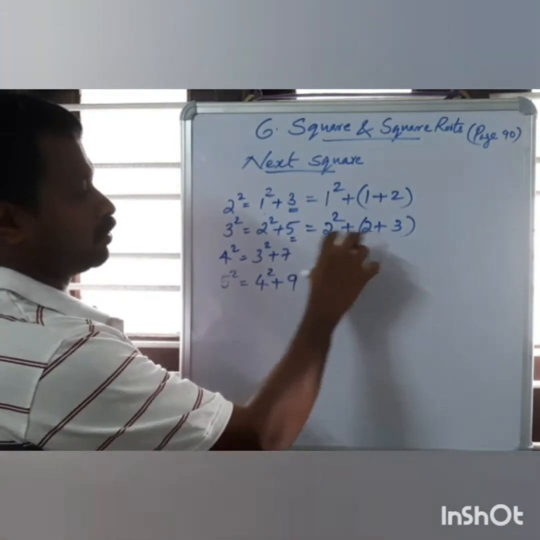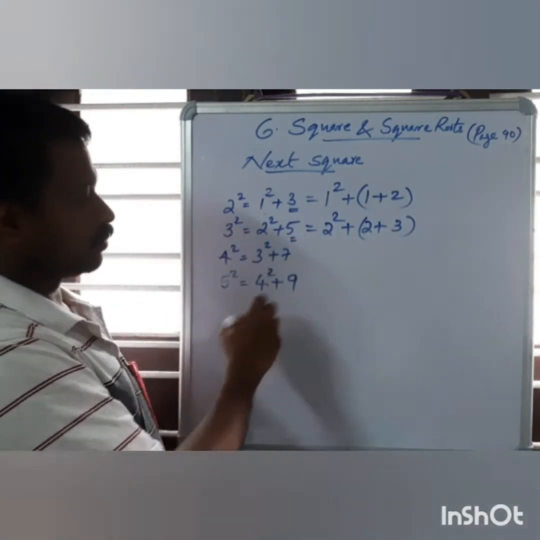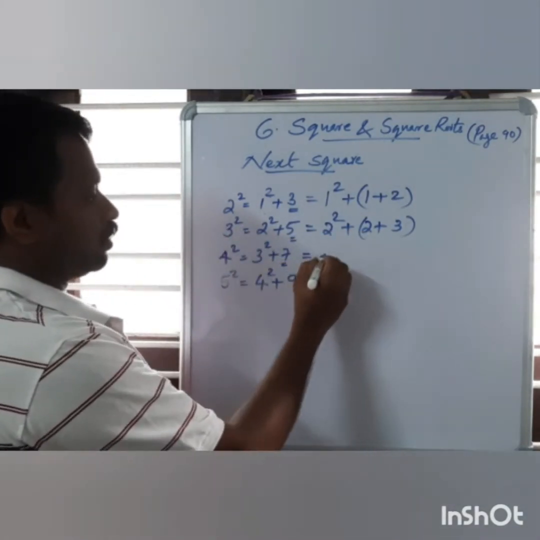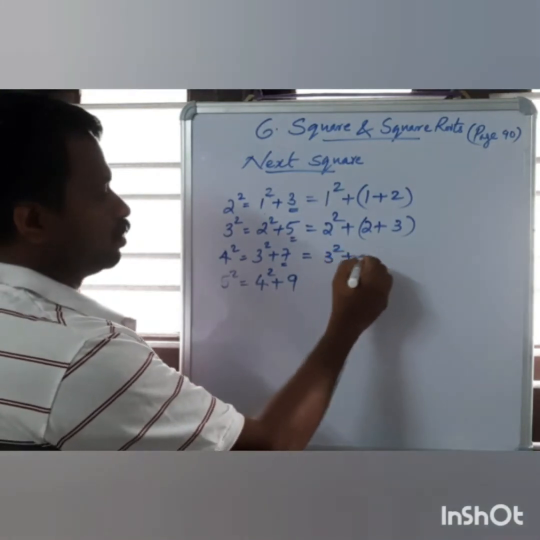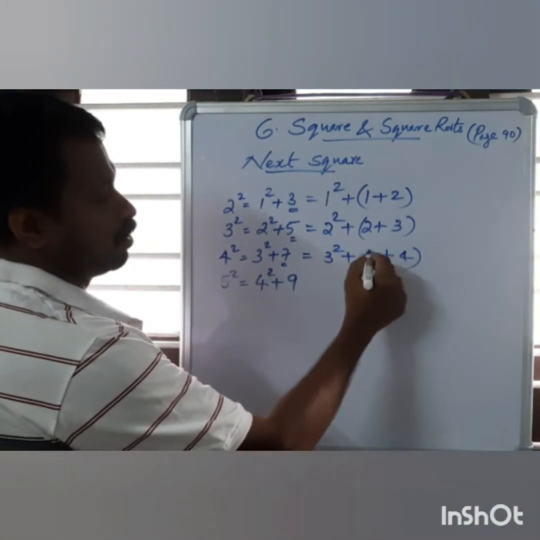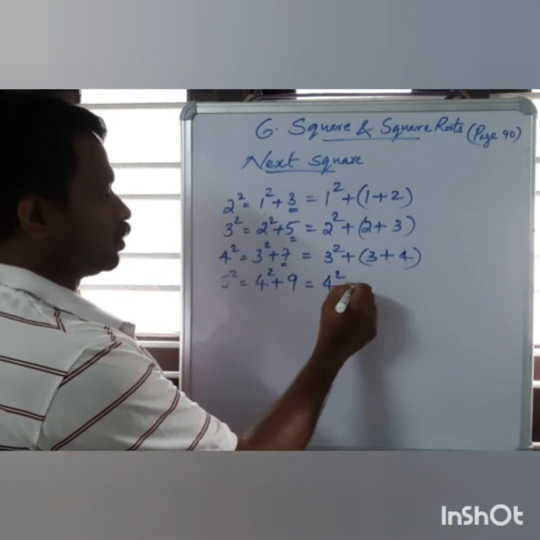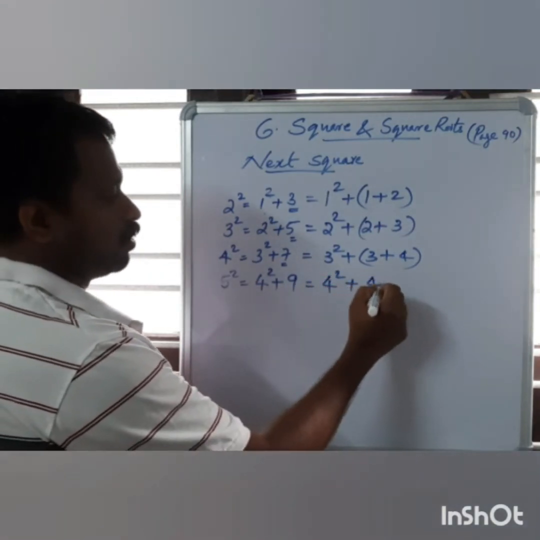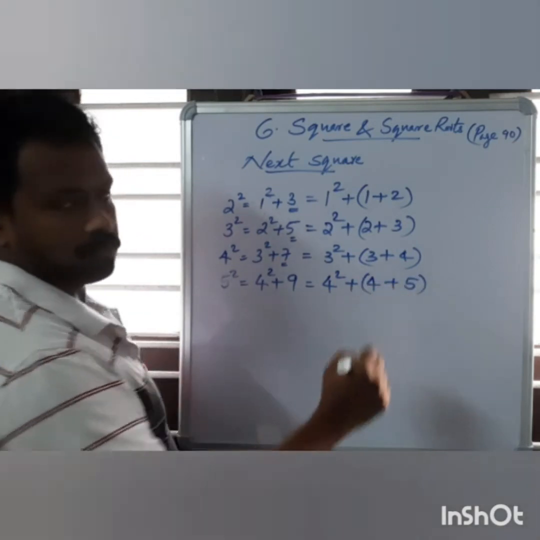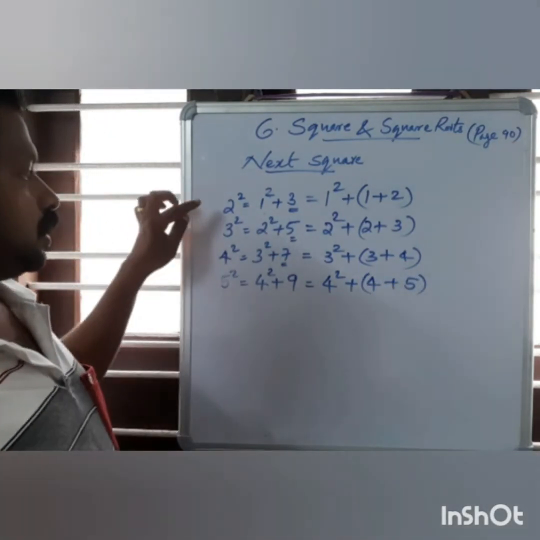So 2 square plus 5 is 9. Then 7. We can split into 3 plus 4. Then same like the next one. It is 4 square plus 9, we can write as 4 plus 5. So this is the pattern.